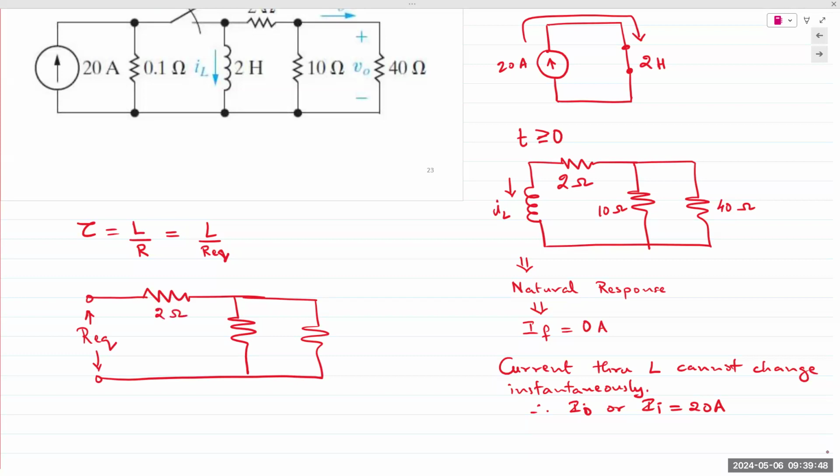In this case, it's 2, 10, and 40. So Req is 10 in parallel with 40, and then in series with 2, which gives us 400 divided by 50 plus 2, equal to 10 ohms.